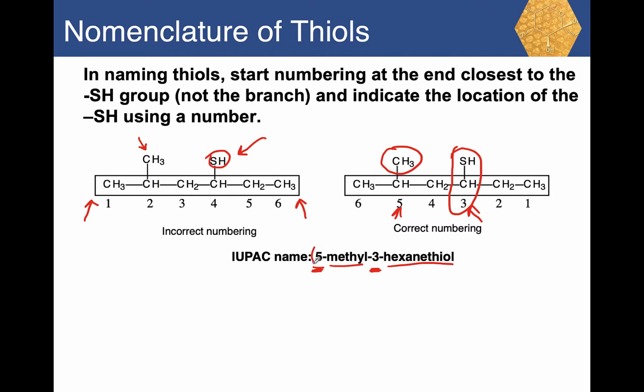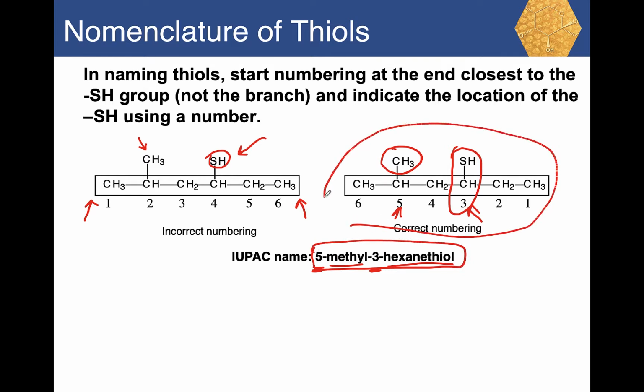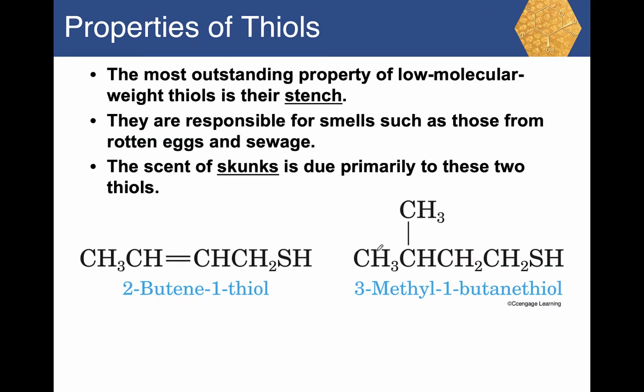So this becomes the IUPAC name of this molecule here. Same approach. So now you can see why this system of nomenclature is called the systematic way of naming molecules, because the rules are similar for molecules with different functionality.